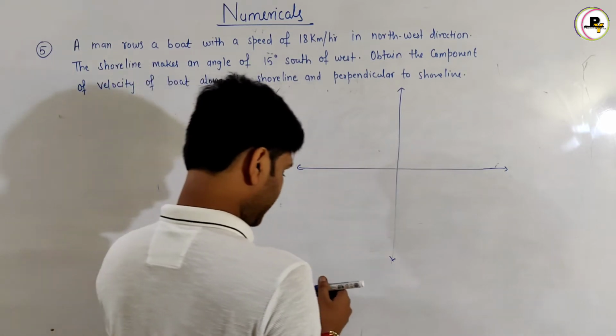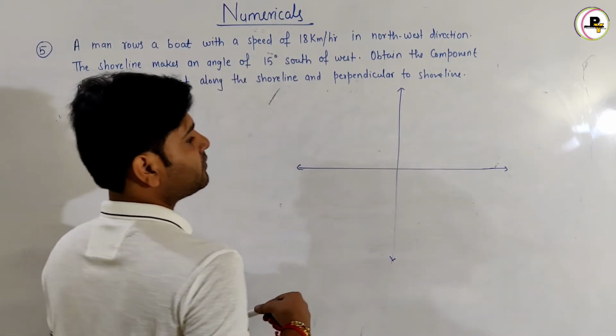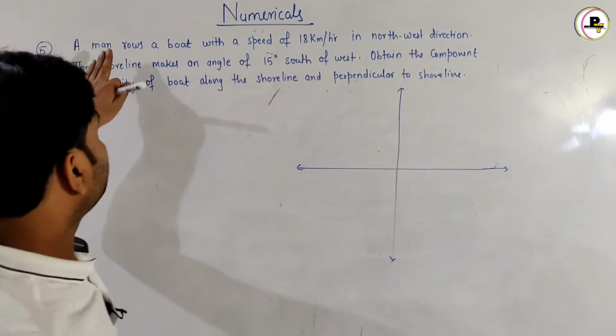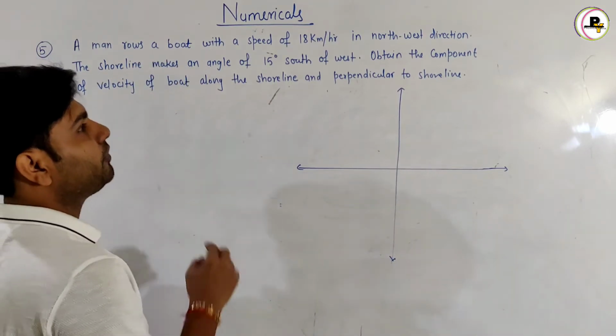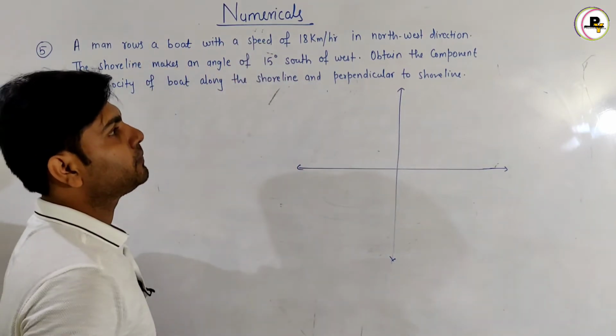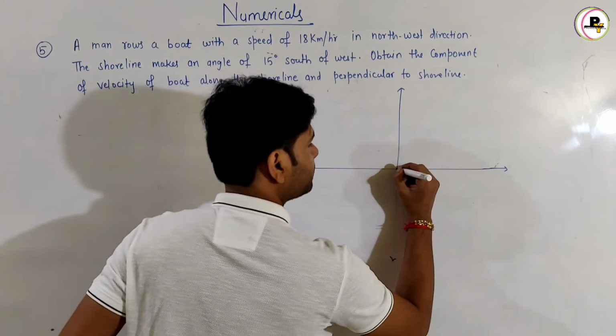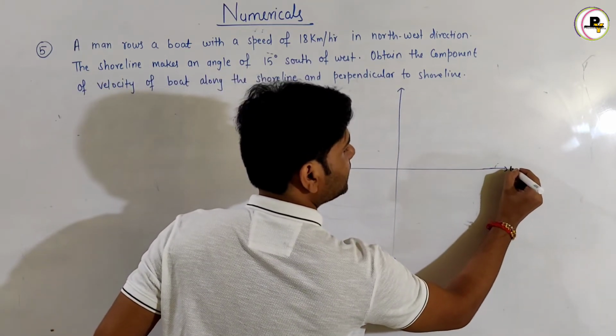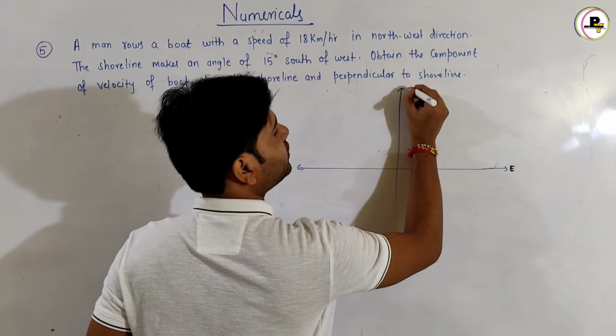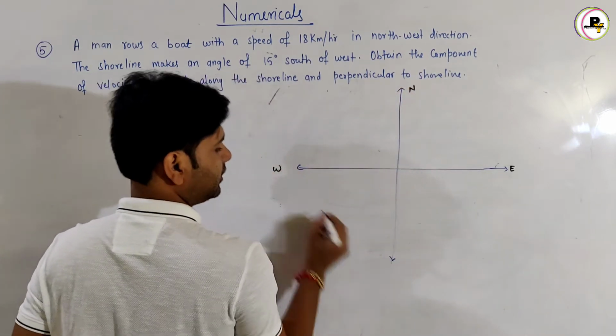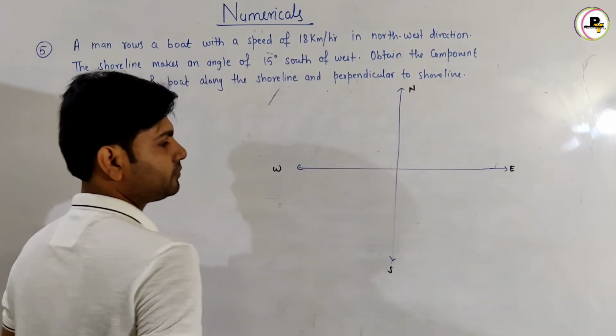Okay, so we are given that the man rows a boat with a speed of 18 km per hour in northwest direction. This is east, this is north, this is west, and this is south.